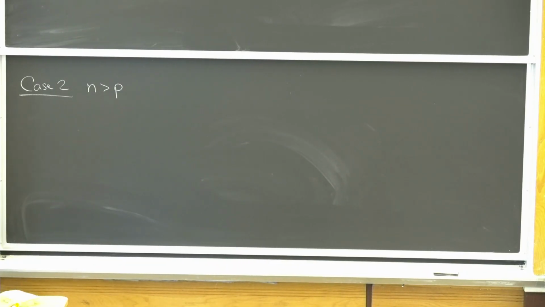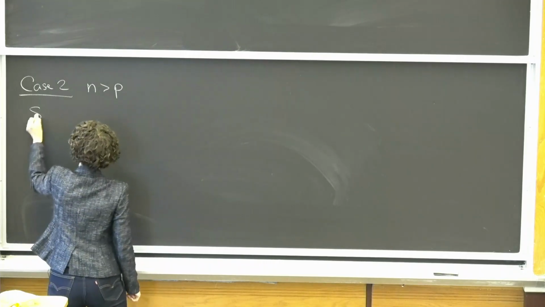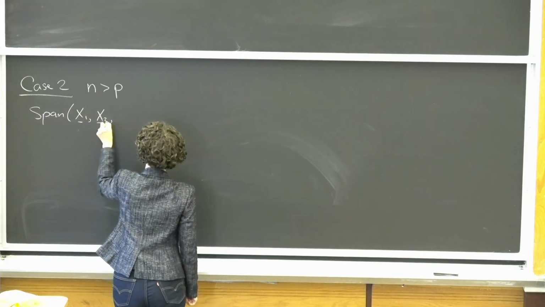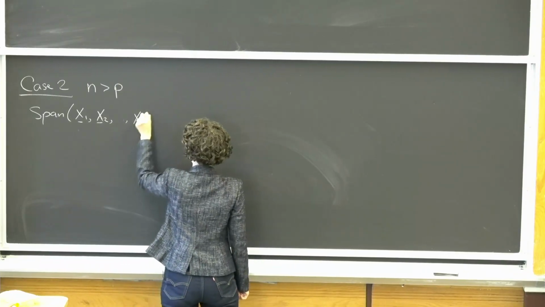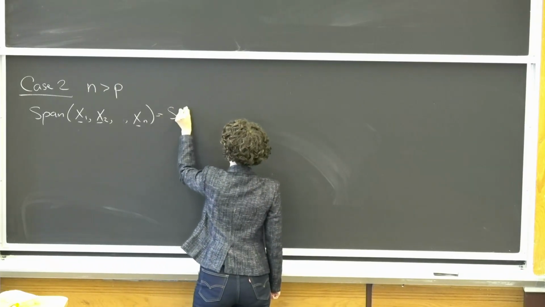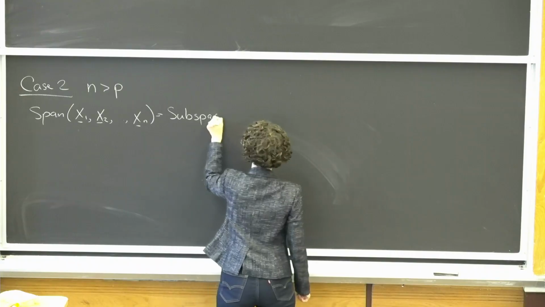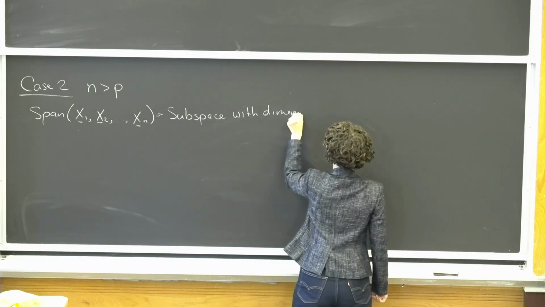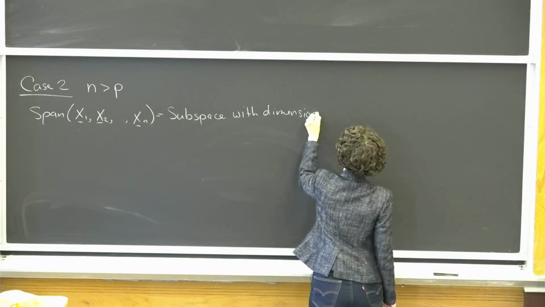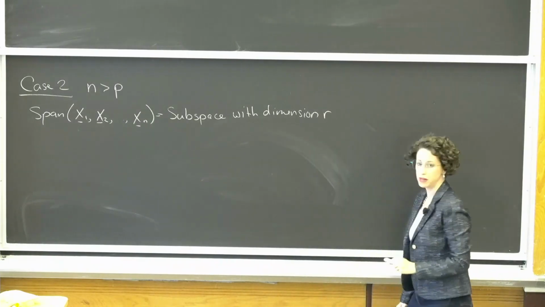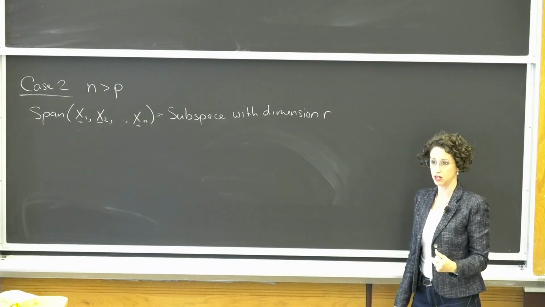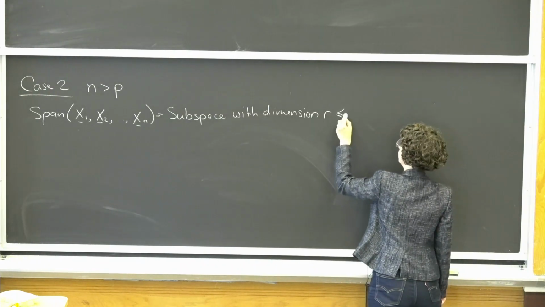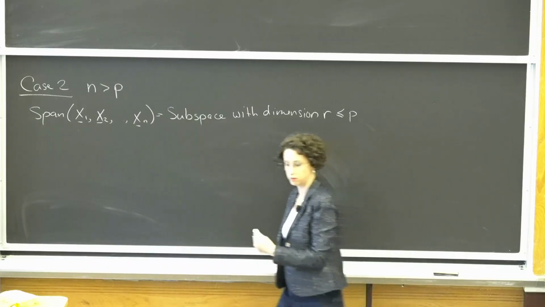So in this case, if we were to look at the span of x1, x2, all the way to xn, this is going to be equal to a subspace with dimension R. And how big can R be in this case? What's the biggest it can be? Yeah, p, that's right. So R is going to be less than or equal to p.